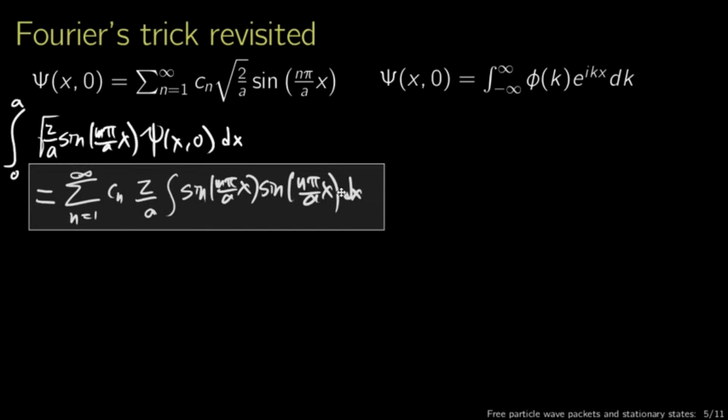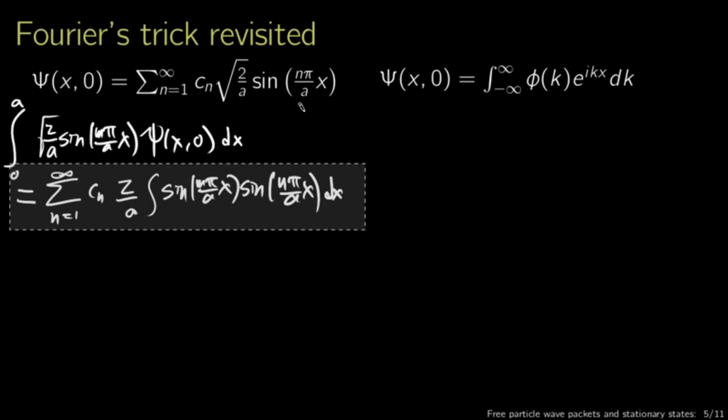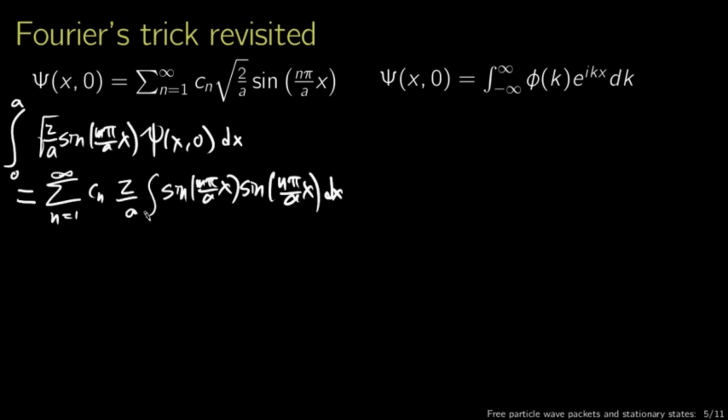And the nice feature about this is that the sine functions had an orthogonality condition that allowed us to take this integral from 0 to a and express it as delta mn. The sine functions, if m is not equal to n, will integrate to 0 over this interval. And if m is equal to n, you just end up with 1. I should be including this factor out front in the expression for the orthogonality.